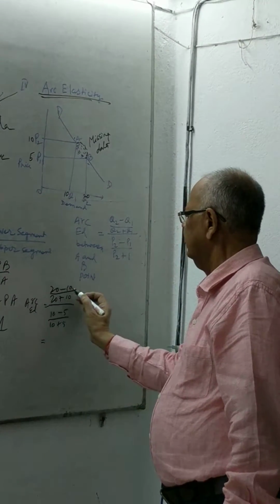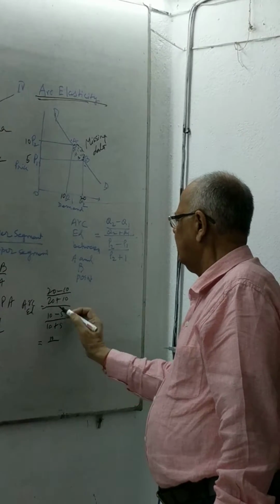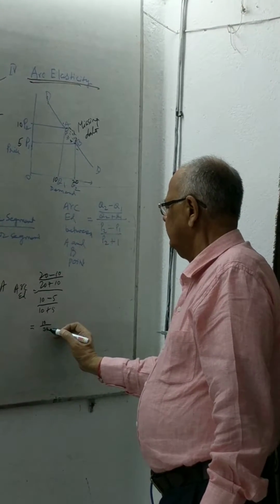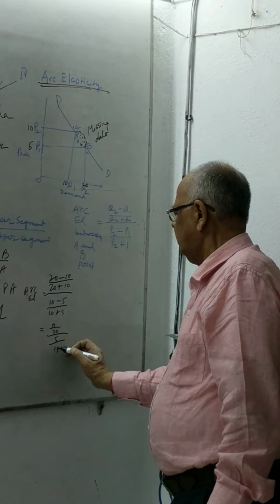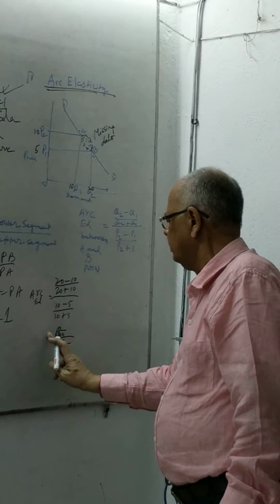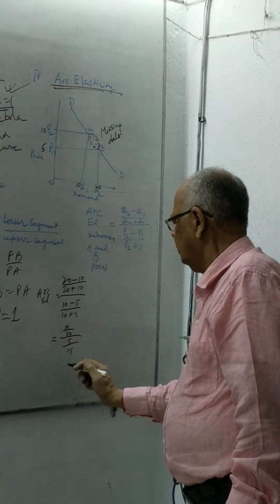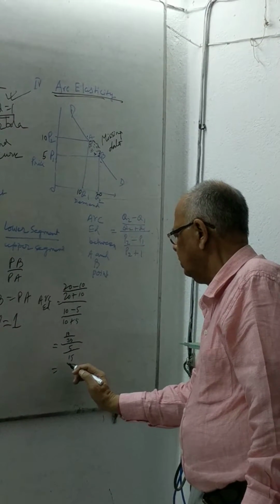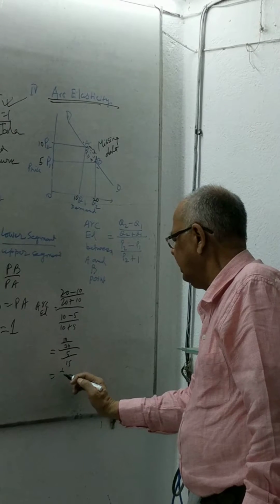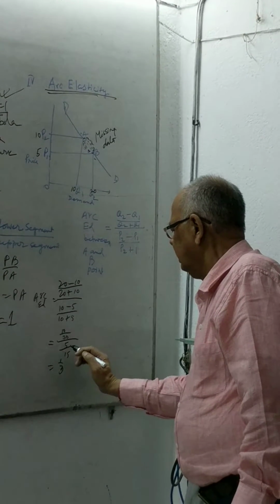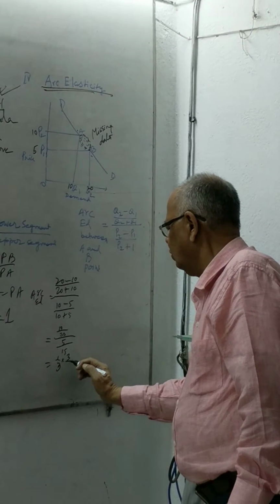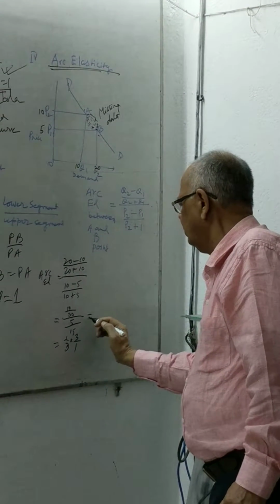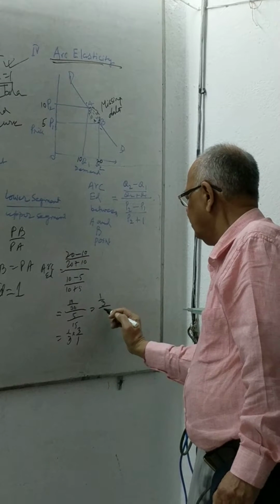What will happen? 10 upon 30, divided by 5 upon 15. This is 1 by 3 upon 1 by 3.